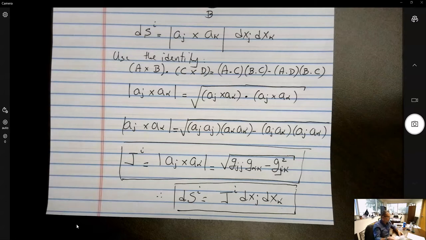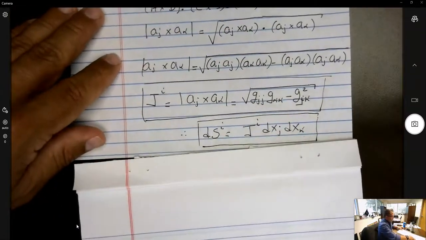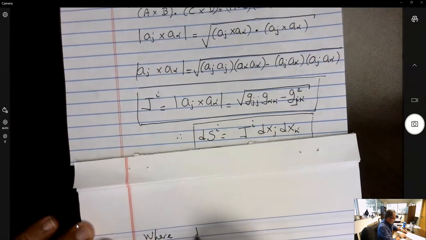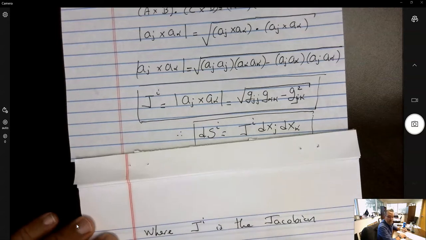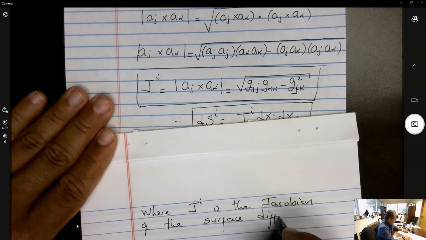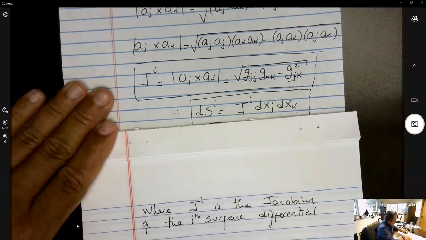All right. So, where Ji is the Jacobian of the ith surface differential.